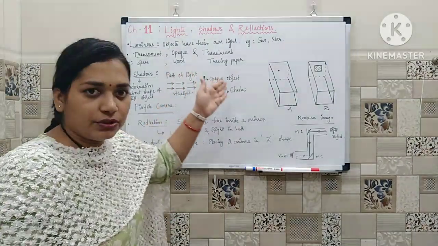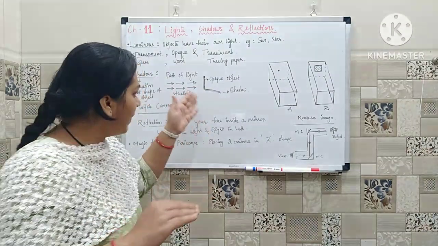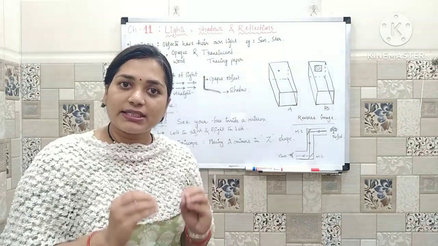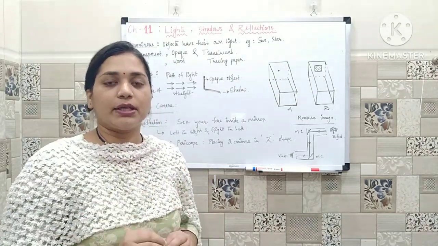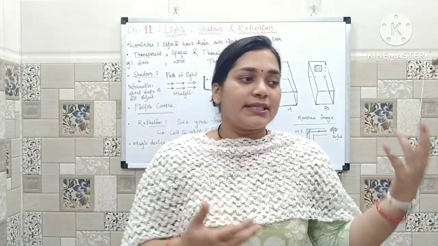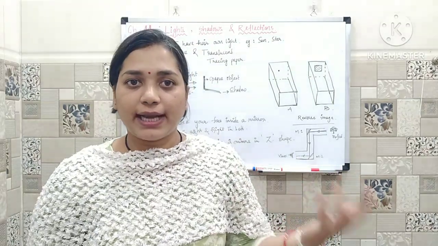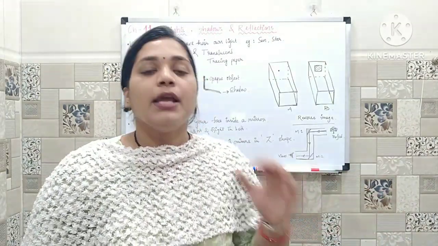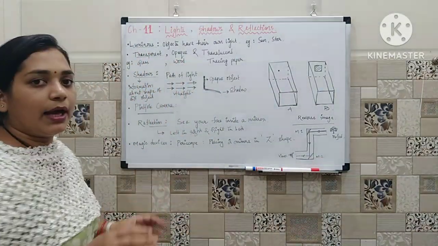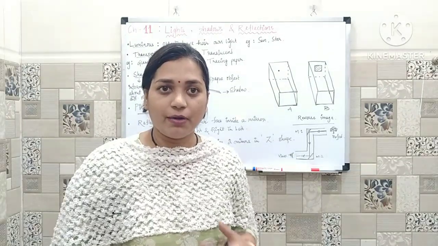So the place behind the opaque object remains dark. That is known as the shadow of that object. So whatever dark image we see behind an opaque object, through which light is not able to pass, is known as the shadow of that object. I hope all of you are clear about how a shadow is formed.